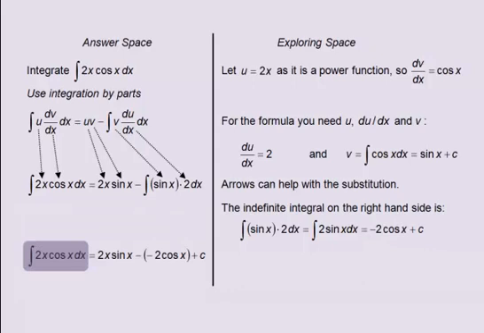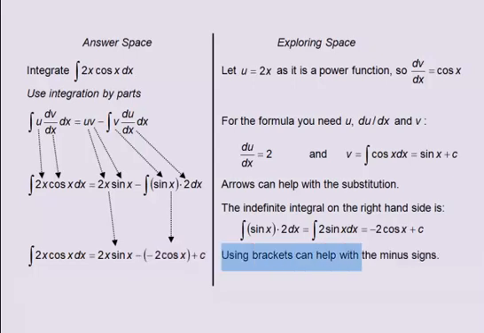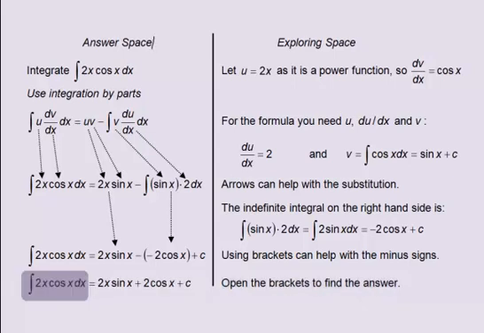So the integral of 2x cos x with respect to x equals 2x multiplied by sine x from the u times v part of integration by parts, minus 2 cos x plus c, which comes from performing the integral part of integration by parts. Using brackets can help with the minus signs. Now open the brackets to find the answer. The integral of 2x cos x with respect to x equals 2x sine x plus 2 cos x plus c.